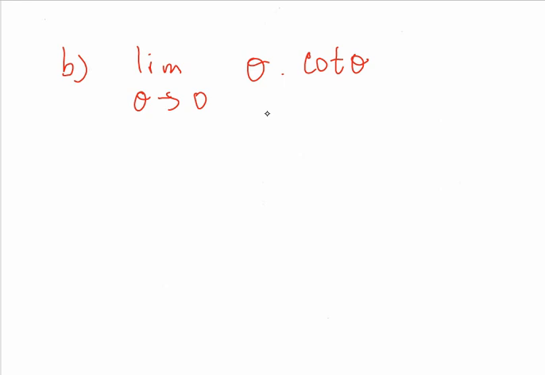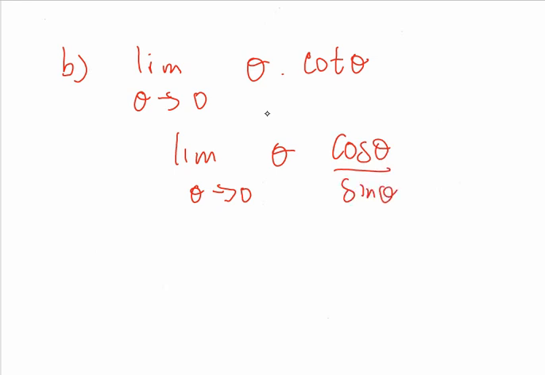The simplest way we can approach this is to simplify it into cos and sine, and you're gonna have theta cos theta over sine theta. Then with this part we can try to change it to a form that is familiar to us.